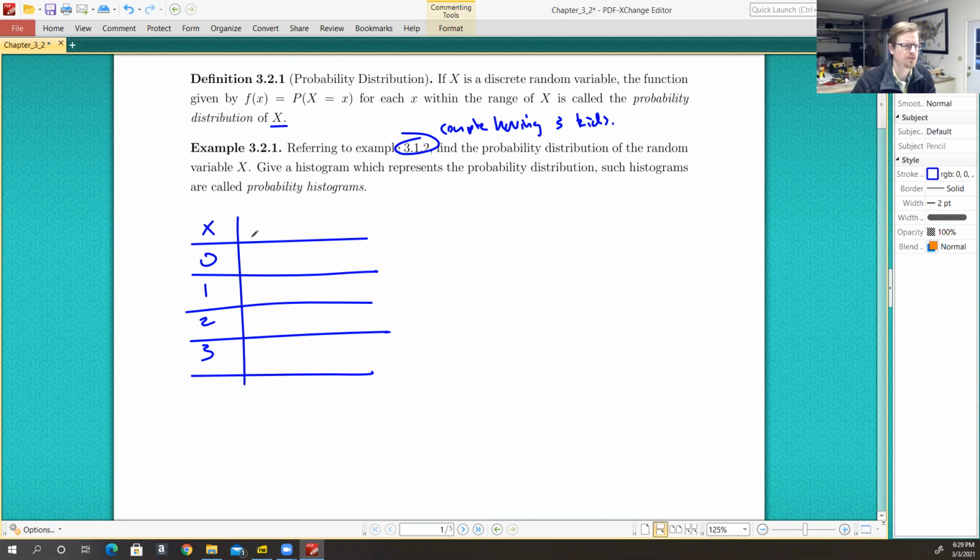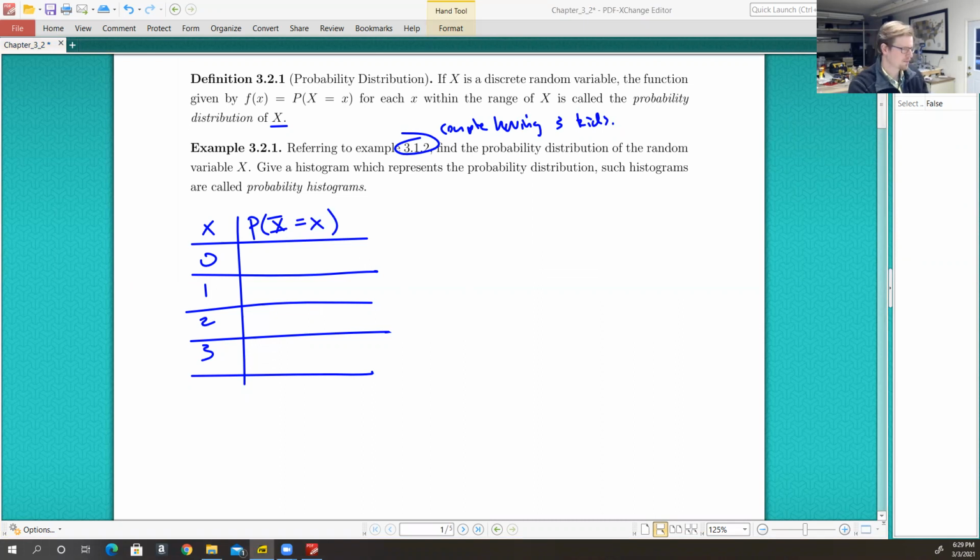And then we want to consider the probability that the random variable will take on the individual value. So let's take a look then at our notes from last time.